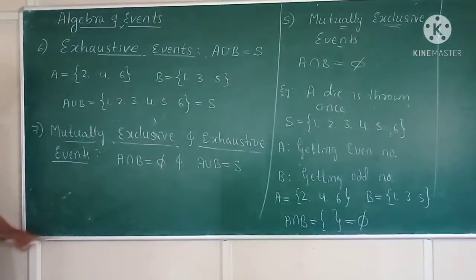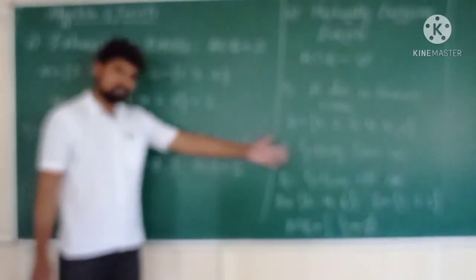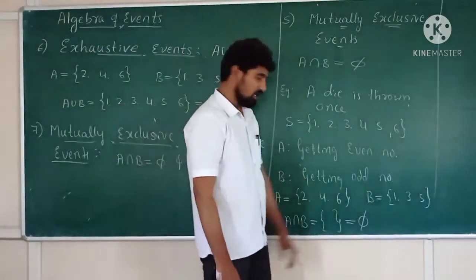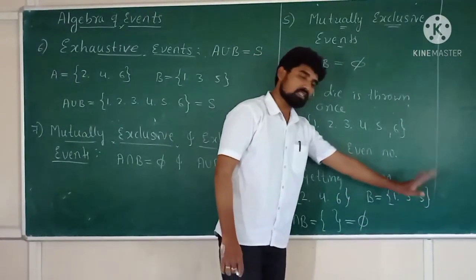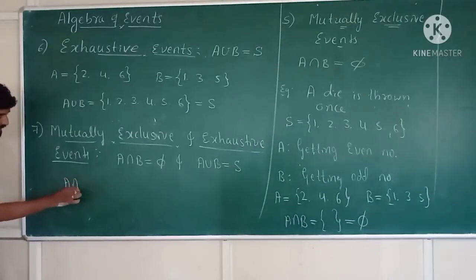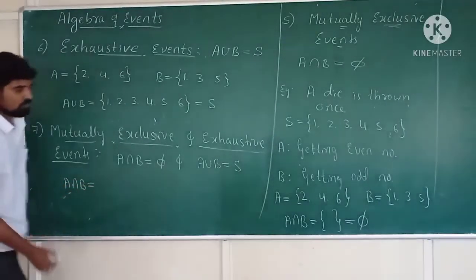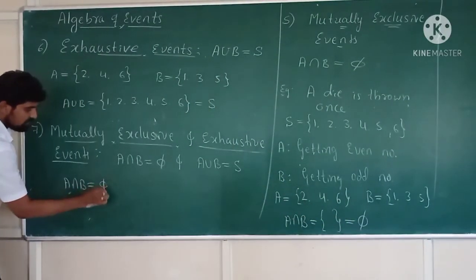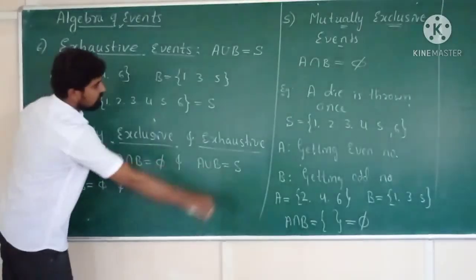So let us consider the example which is described here. A consists of the elements 2, 4, 6 and the event B consists of the elements 1, 3, 5. Therefore, what is A intersection B? As you know already, A intersection B is equal to null set. And what is A union B?